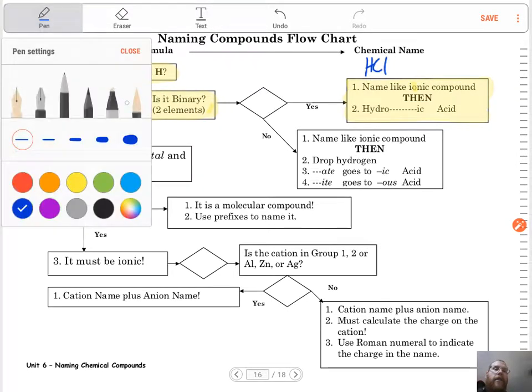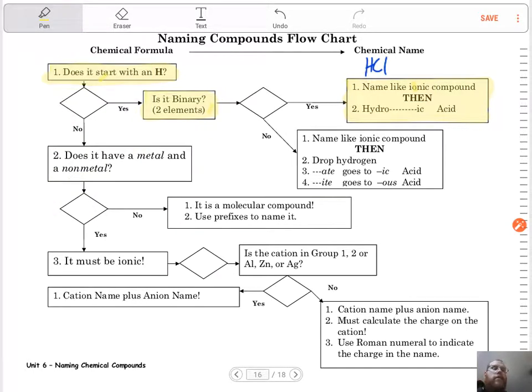Now, if it's not binary, it's a little bit different. We're going to name it like the ionic compound as well, but we're going to completely drop the term hydrogen. Then the suffix ate becomes ic, and you put the term acid after it. The suffix ite, meaning you have a polyatomic ion here, guys, that's what that's referring to.